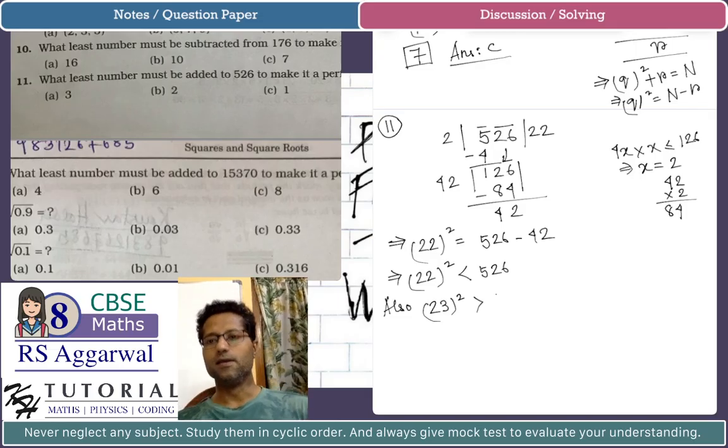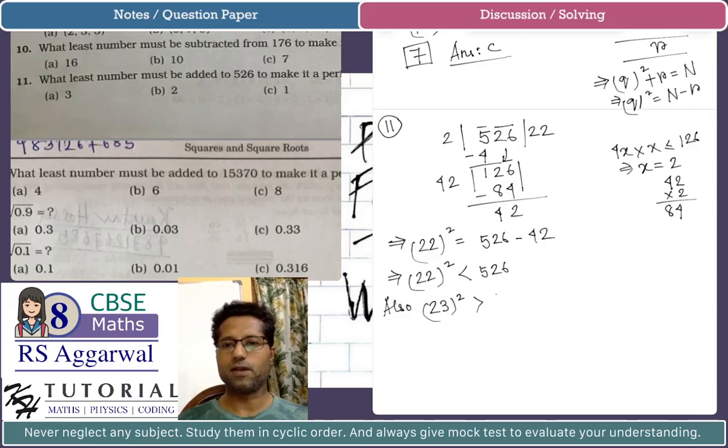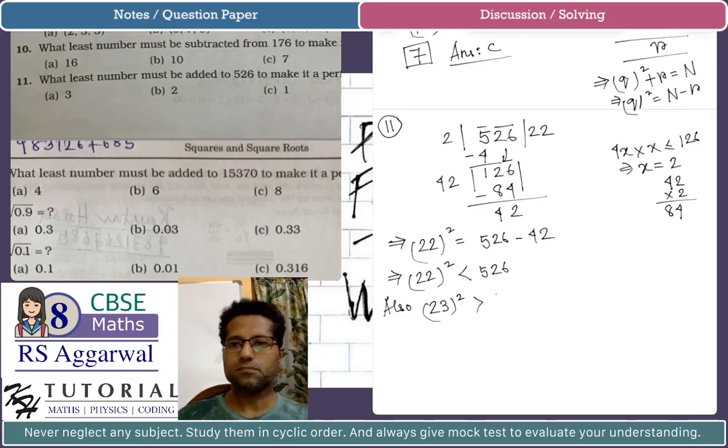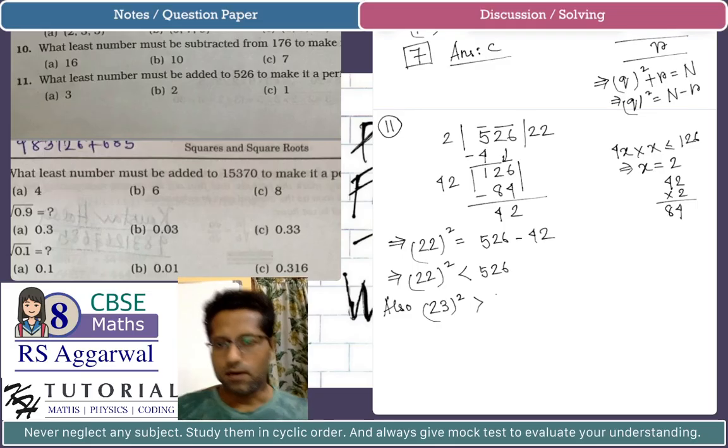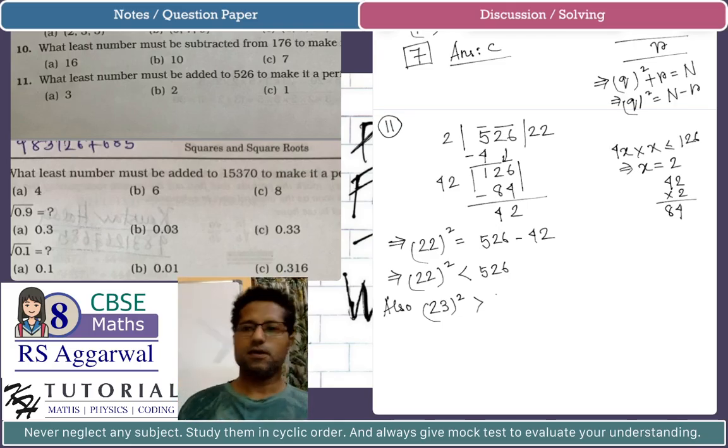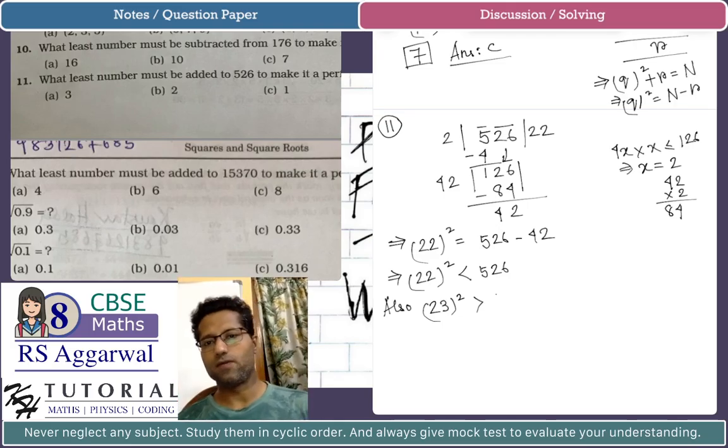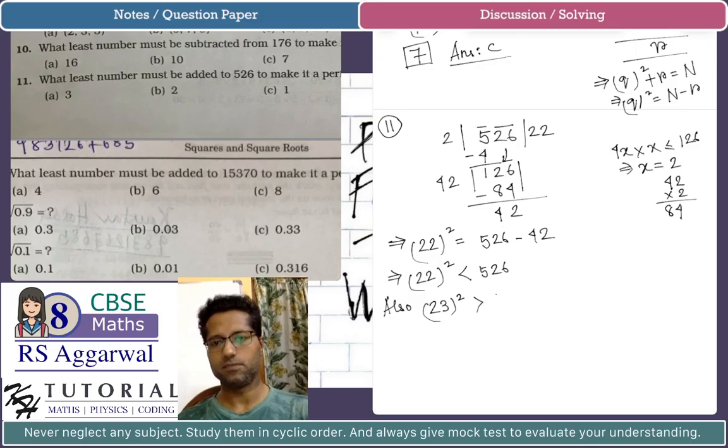It means that if we take the whole square of the quotient, that whole square number plus the remainder is the given number. So 22 whole square is 526 minus 42. So obviously 22 square is less than 526, and we also know that 23 square will be greater than 526.